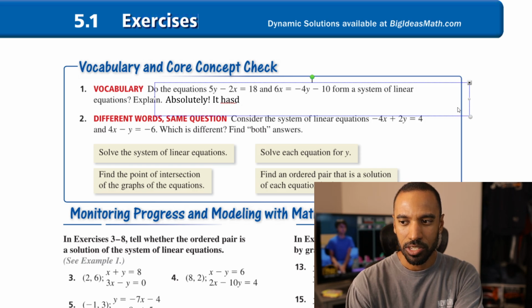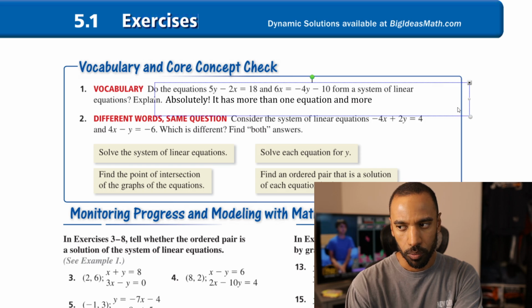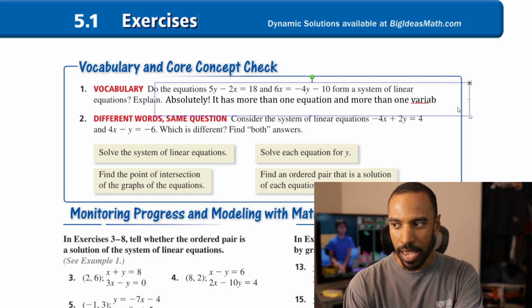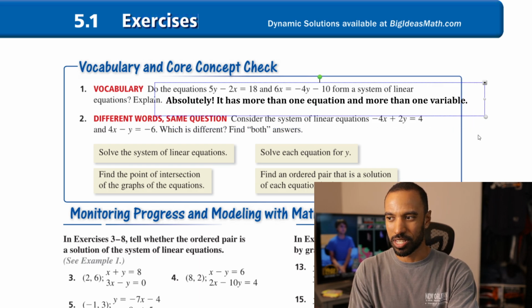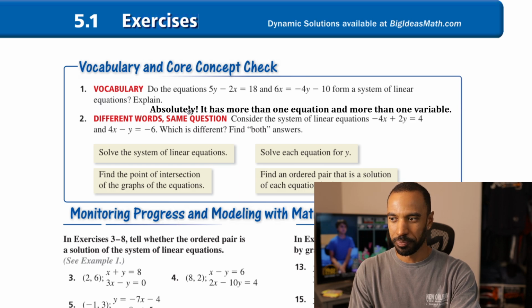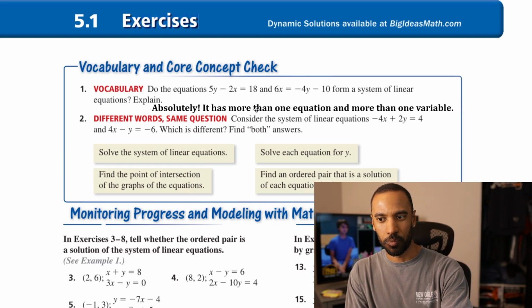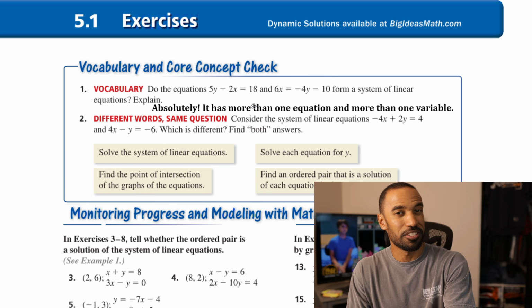It has more than one equation and more than one variable. I guess it needs to have more than one variable. Otherwise, you'll never have a solution set unless it's no solution or infinitely many solutions. Even if one equation only has y in it and one equation only has x in it, it's still more than one variable that way, so it still works.